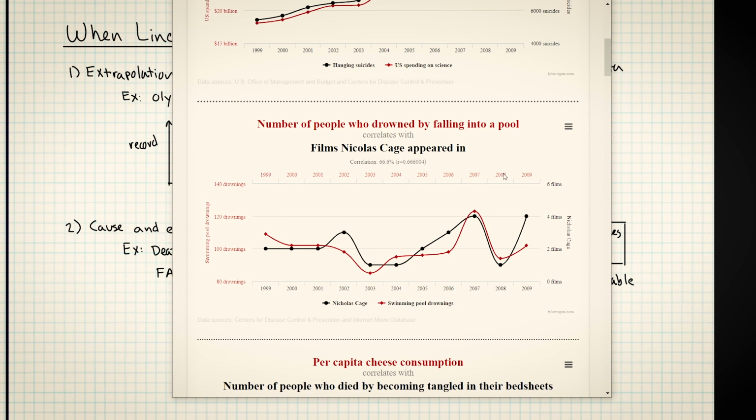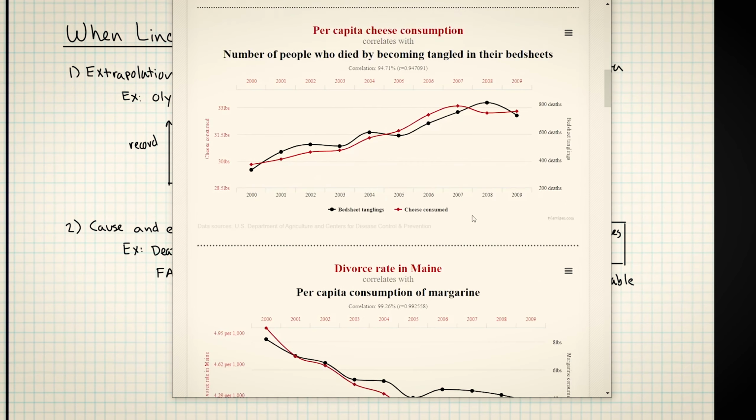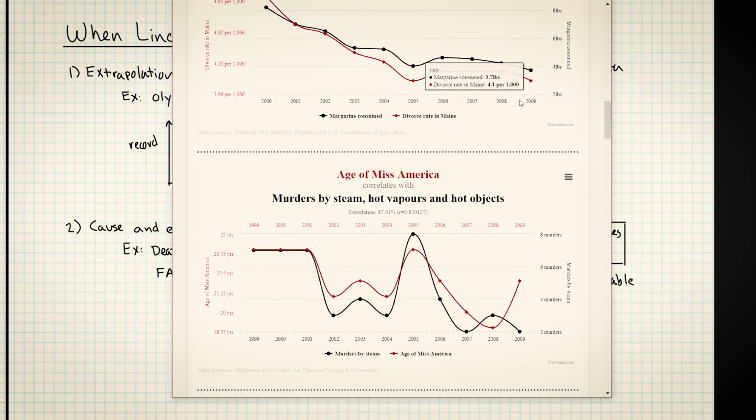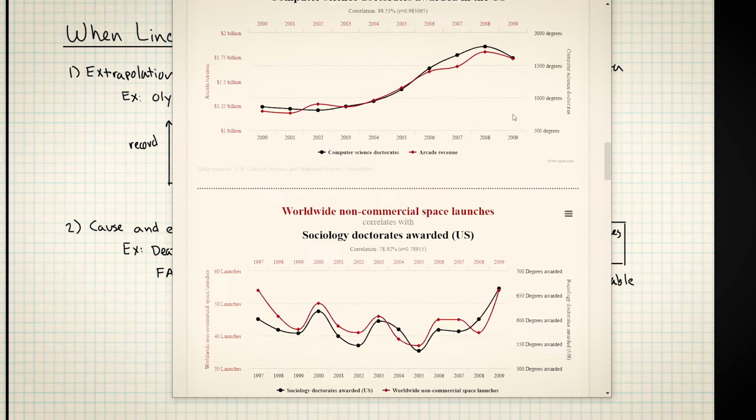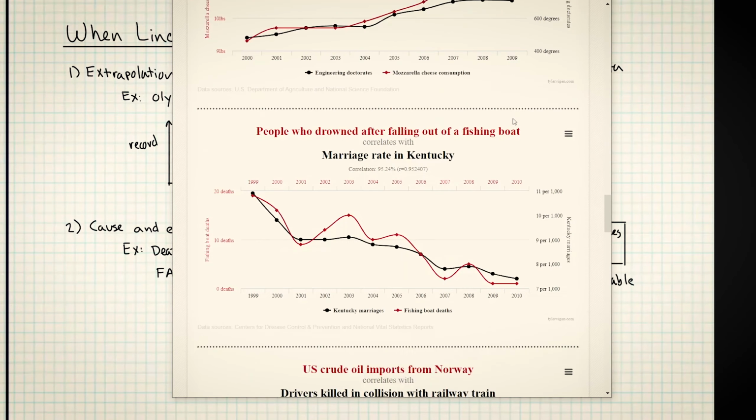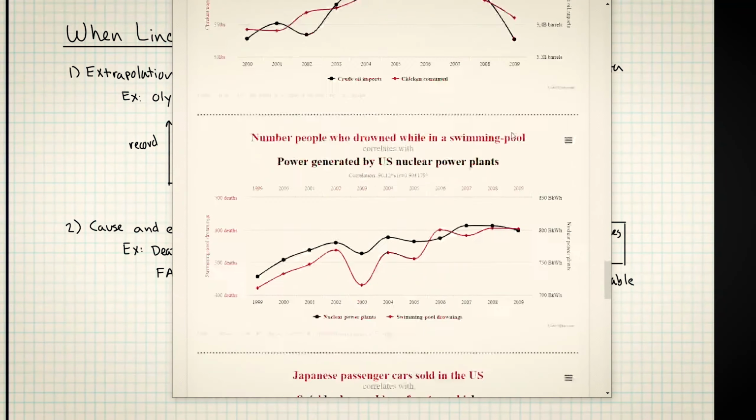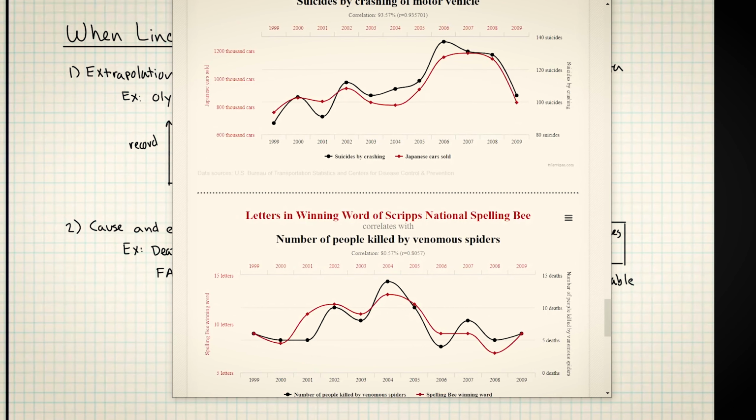And those things could not be farther apart from each other. They have nothing to do with each other. They just both coincidentally happened at the same time. There isn't even a lurking variable. You should go to this website and just scroll through these. There's a bunch of funny ones about cheese consumption and people dying by being tangled in their bed sheets, Miss America and doctorates in engineering, and all kinds of funny things. So check it out if you've got a free minute.